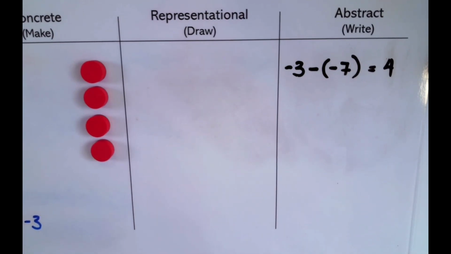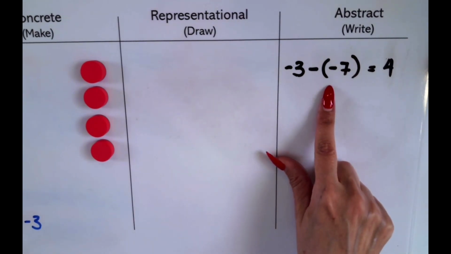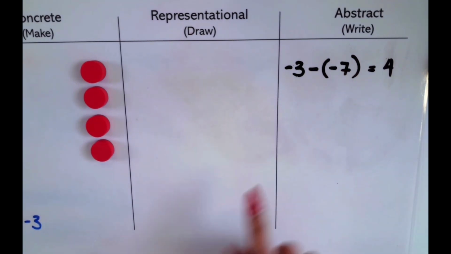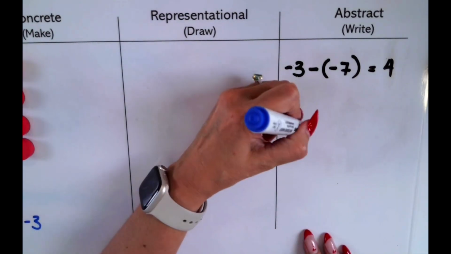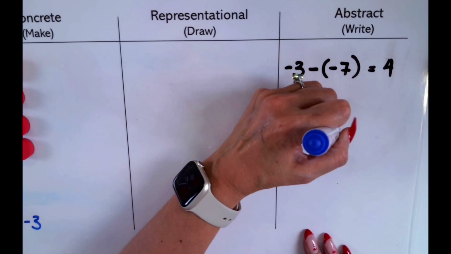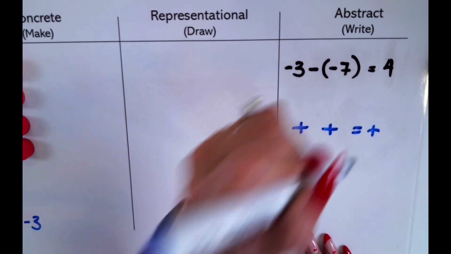All right. Now, in more process-based mathematics, I'm going to look at this problem again from an abstract perspective if we were to solve this. There are rules when it comes to integers, positive and negative numbers, and these are the rules. A positive and a positive equal a positive.